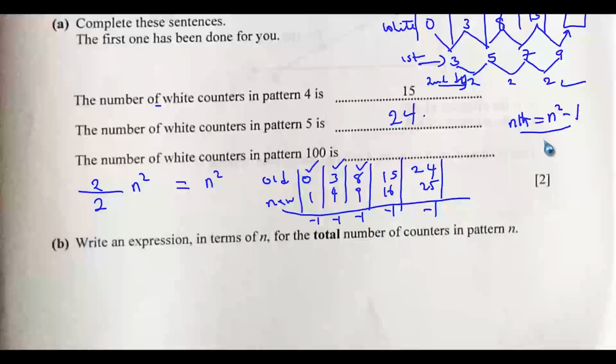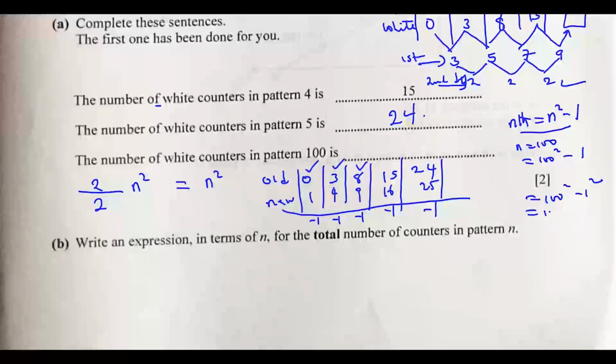So we can now use this to get the number of white counters in pattern 100. n is equal to 100, so it will be 100 squared minus 1. You can write this as 100 squared minus 1 squared, then use the difference of two squares, because 1 squared is still 1.